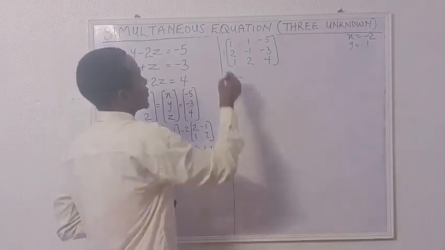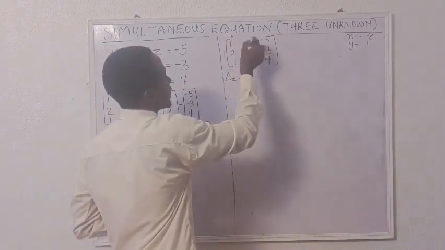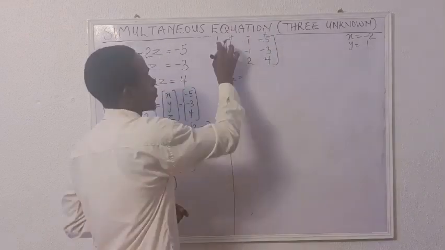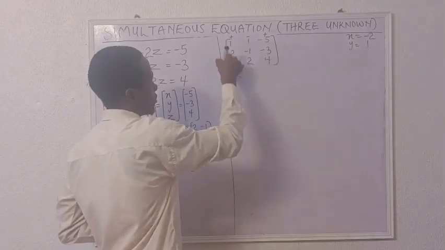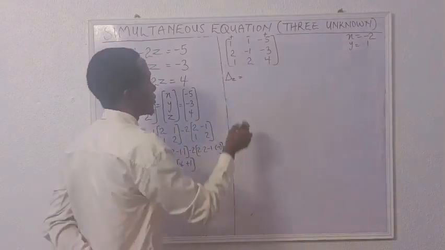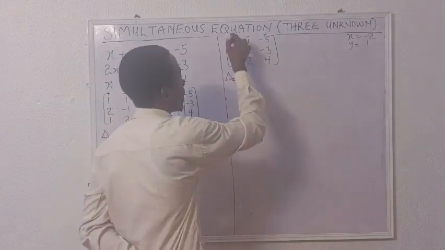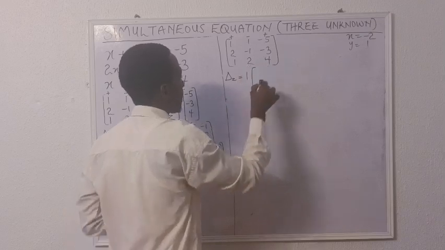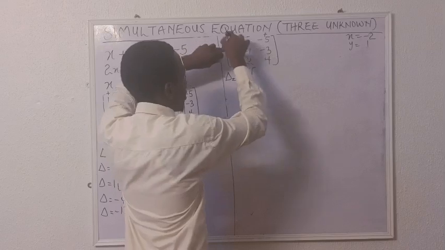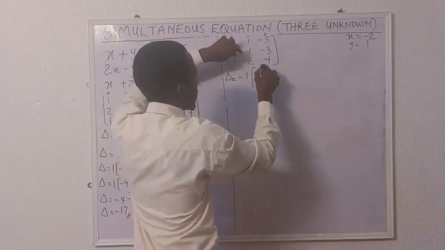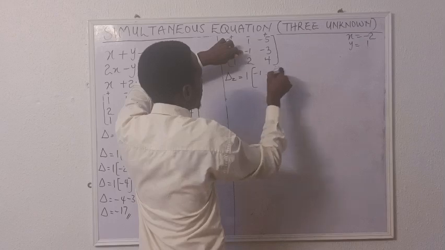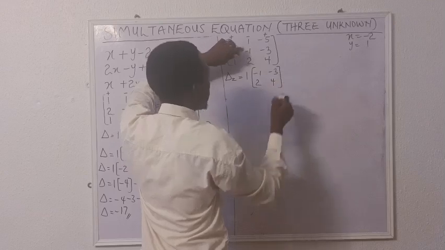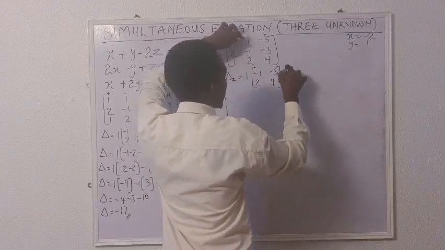So to look for the determinant of the 3 by 3 matrix, we have to go in the row form, plus, minus, plus, and it's in the column form also. So we continue like that. That will give us the first one, which is 1. If I strike out the column and the row, what am I left with? I'm left with minus 1, minus 3, 2, and 4. And then the next one is giving minus 1.